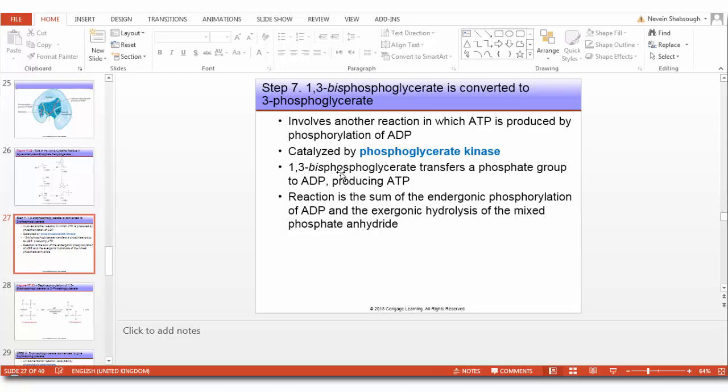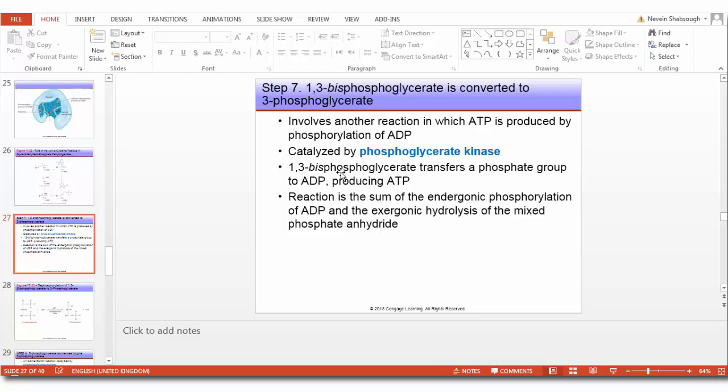to be distinguished from oxidative phosphorylation, which we will talk about in chapter 20, in which transfer of a phosphate group is linked to electron transfer reactions in which oxygen is the final electron acceptor.